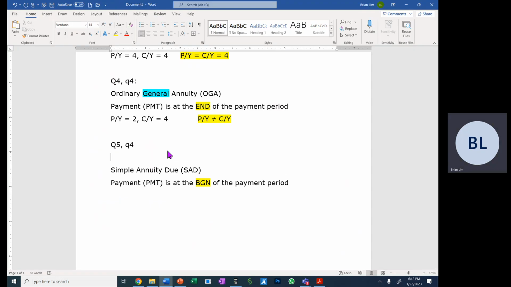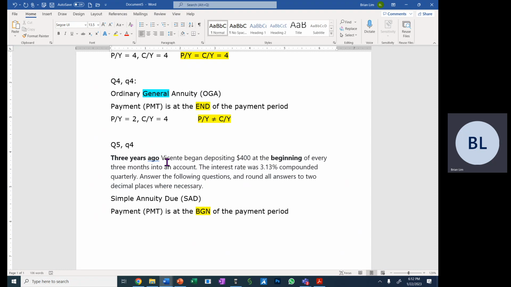Okay, so let's put that in there and let's say we do that, and then we have the beginning there, and then we have the quarterly. So for this one, we have that the PY is equal to 4 and CY is also equal to 4.